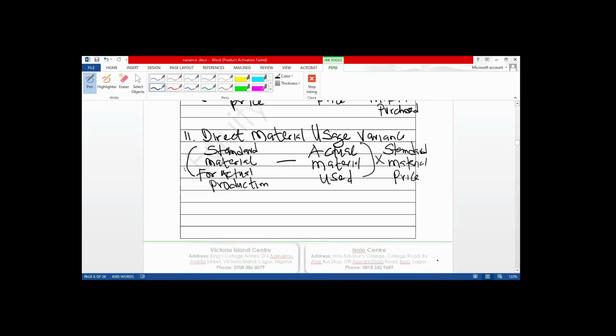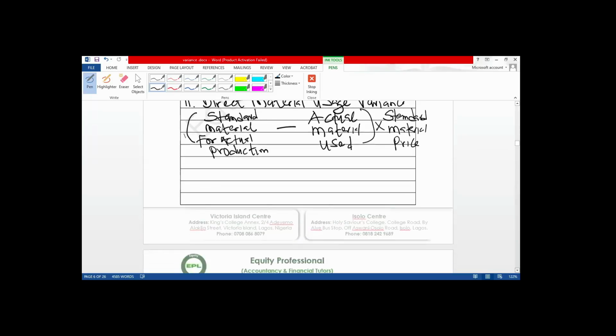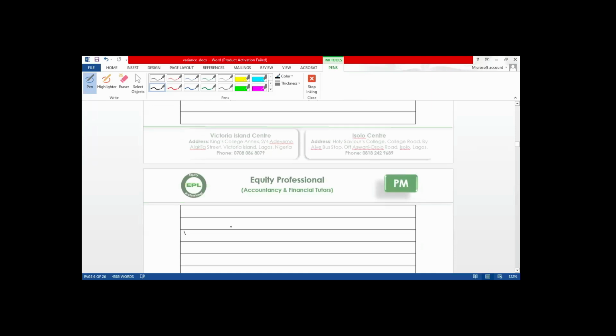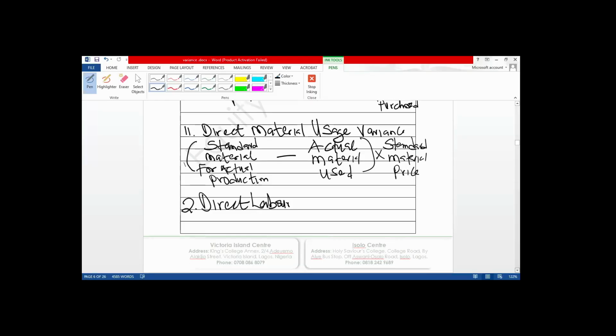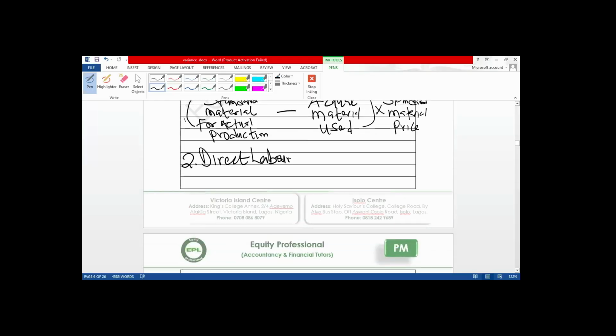We are done with direct material cost variance. Next, number 2, direct labor cost variances.